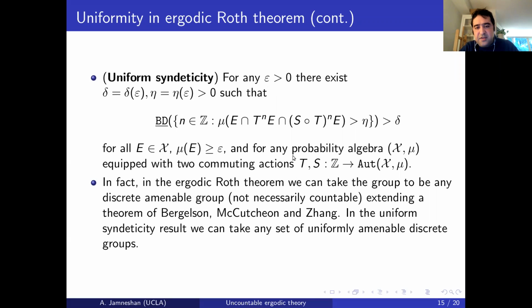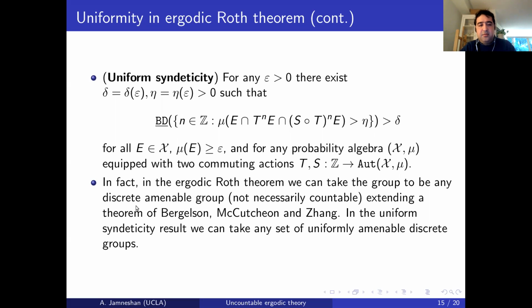So regardless of the system, we obtain some syntheticity result uniformly over all systems. Of course, the collection of all systems is not even a set, it is a class. So the question is how to prove such a statement. I'll come to that later.